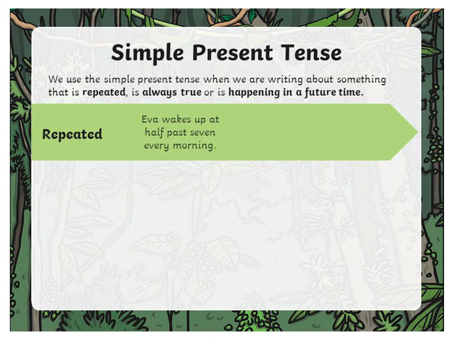For repeated action or a routine, we have Eva wakes up at 7:30 every morning. The verb wake is in simple present tense because the action is repeated or a routine.